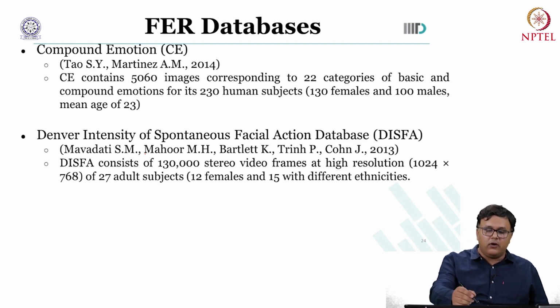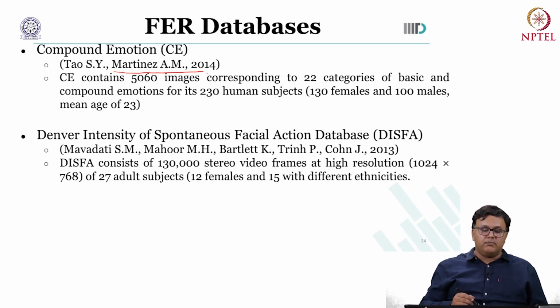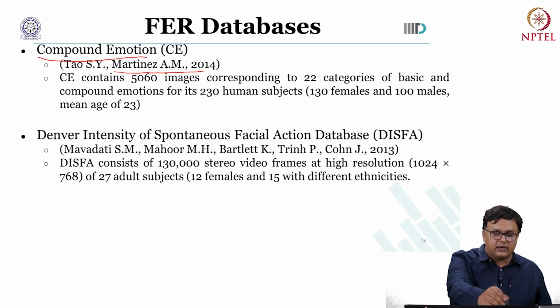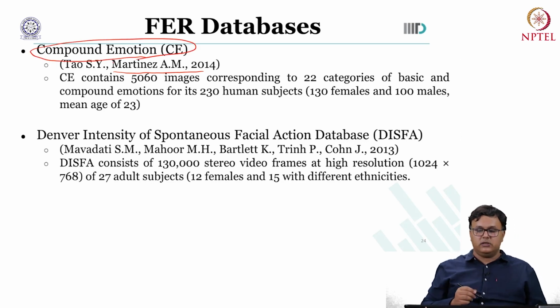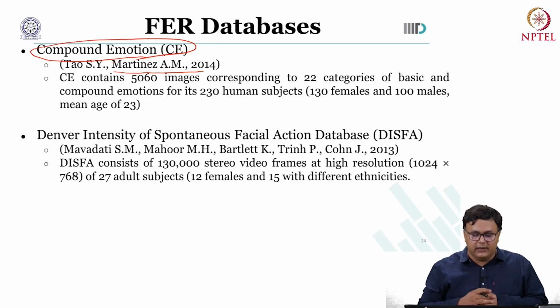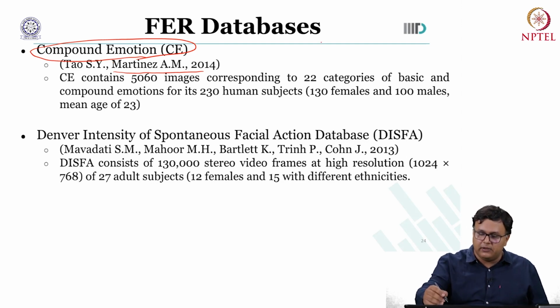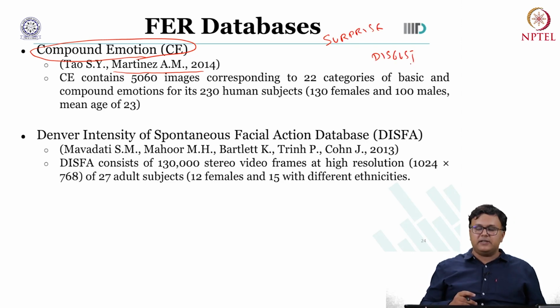Another work from Ohio State University in 2014 proposed a data set for compound emotions. They said, well, universal emotions are too few, right? And they are not universal as well. We have finer states in between. So, for example, you have surprise and you have disgust. These are two different expressions in the case of universal emotions.